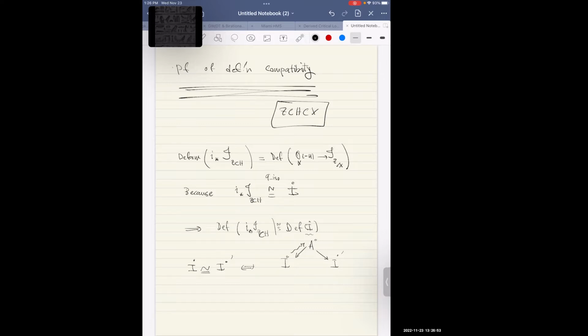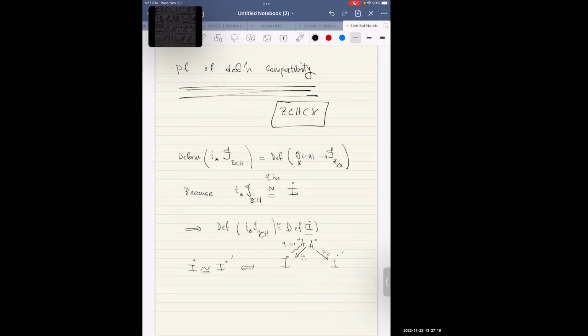And basically this morphism from I dot to I dot prime is a composition of these two maps. I call them P1 and P2, and this one I call Q1. So quasi-isomorphism in the derived category always goes through the existence of a third object in the derived category.